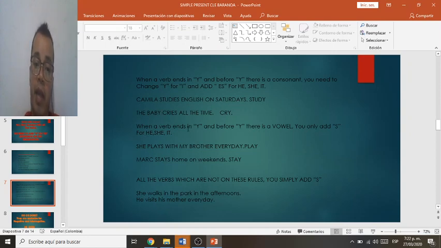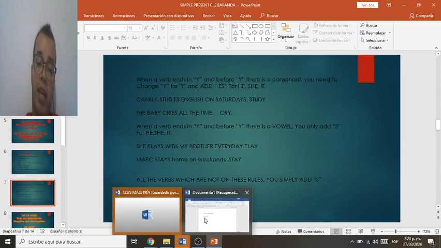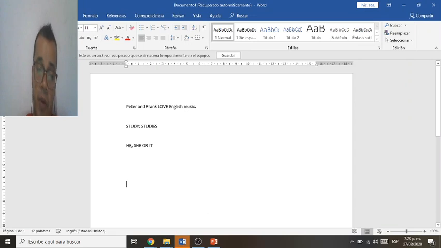Now, when a verb ends in Y and before Y there is a vowel, you only add S for he, she, or it. Ahora, si termina en Y y antes de la Y hay una vocal, simplemente voy a agregarle una S a he, a she y a it. No voy a cambiarle la Y. For example, play. Y, vocal.